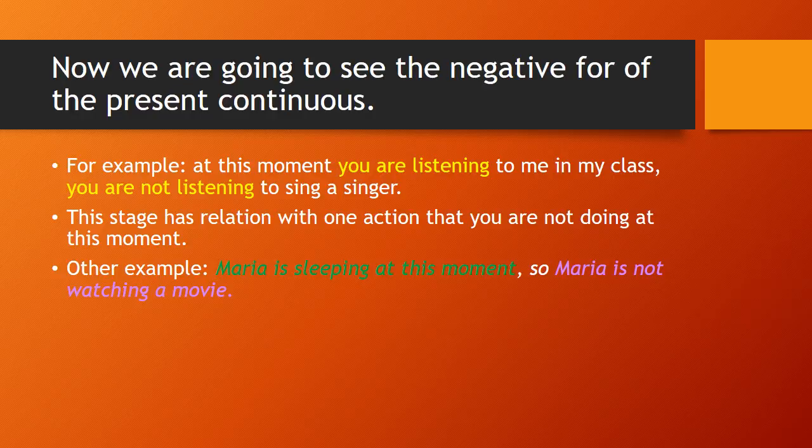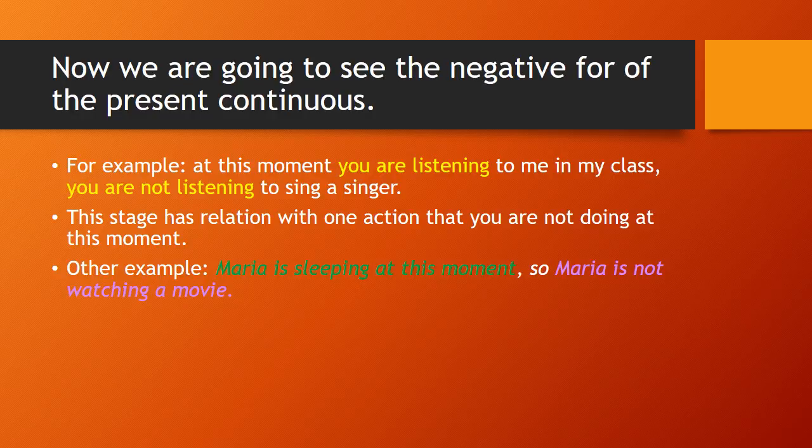For example, at this moment you are listening to me in my class. You are not listening to Zino Zinga. You are listening to me in my class, and you are not listening to Zino Zinga.